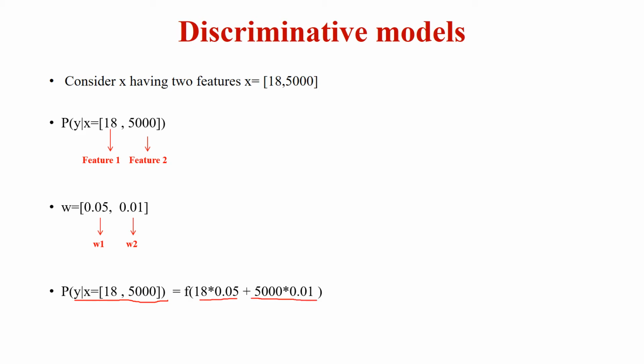We will sum it up. Later, we'll pass it on to a function. A function is applied over this calculation to bring it into the range 0 to 1, so that we can predict whether it belongs to class 0 or class 1.